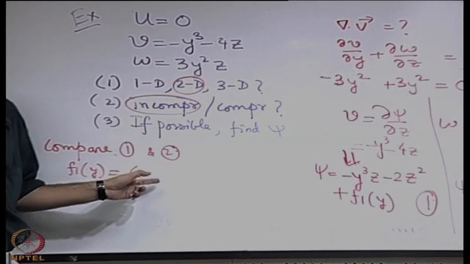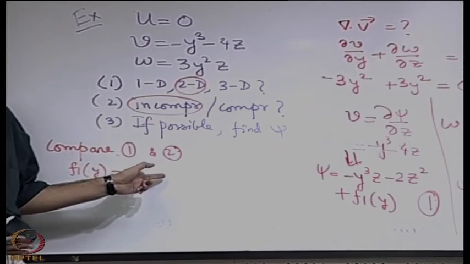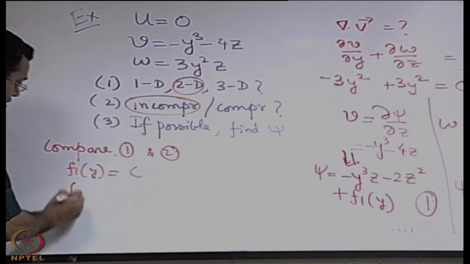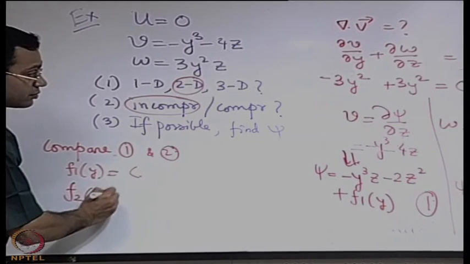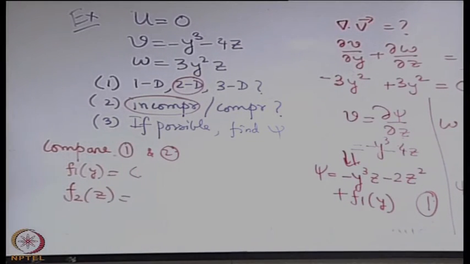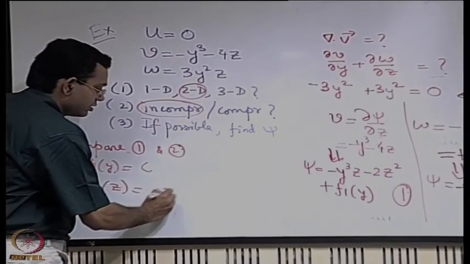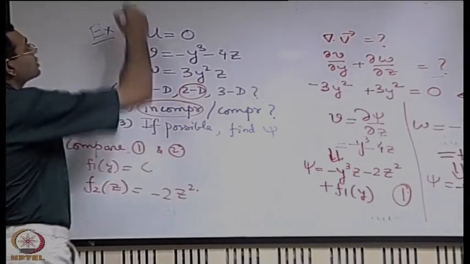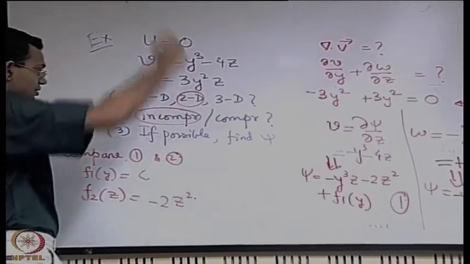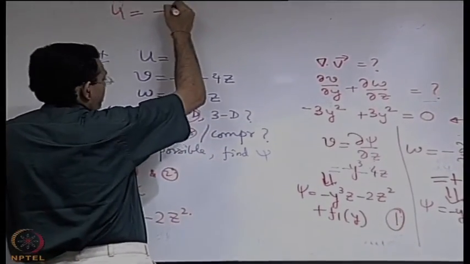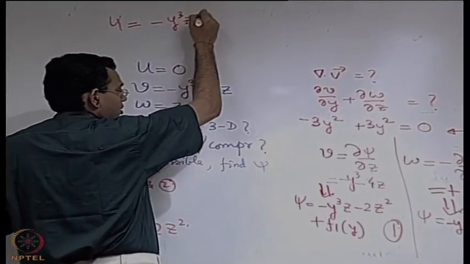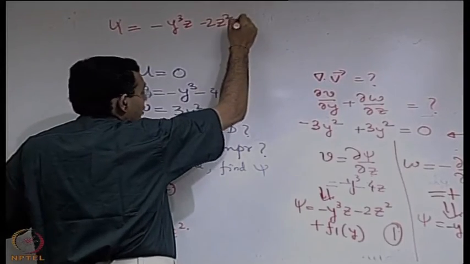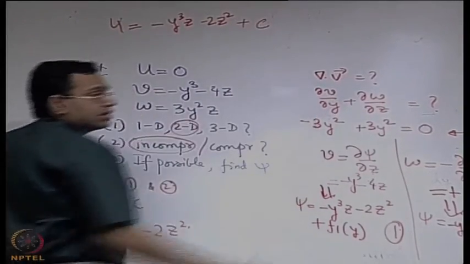Let us just keep it as a constant and see how you can choose it to make it 0. And what is f2? f2 of z is minus 2z square. So the expression for the stream function becomes minus y cube z minus 2z square plus some constant.